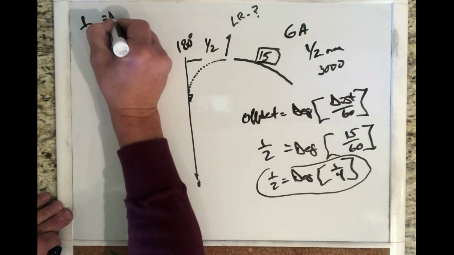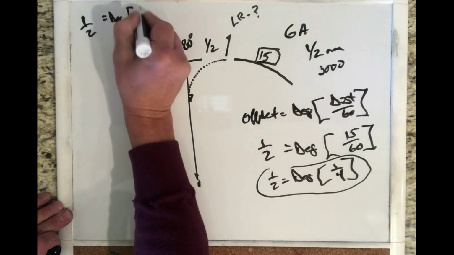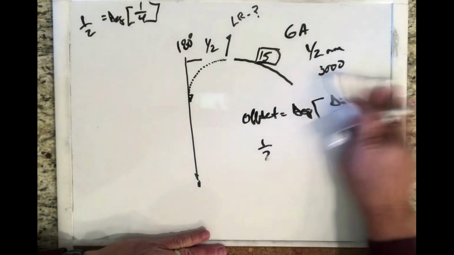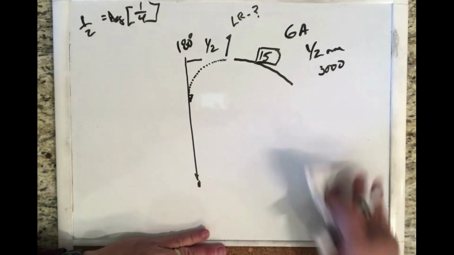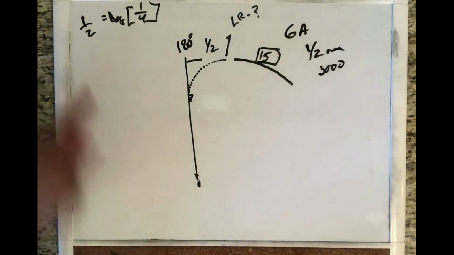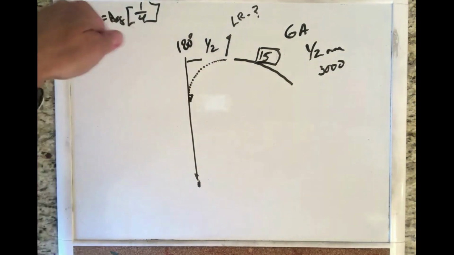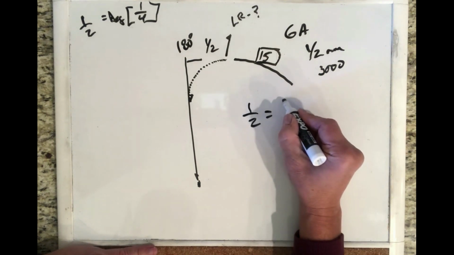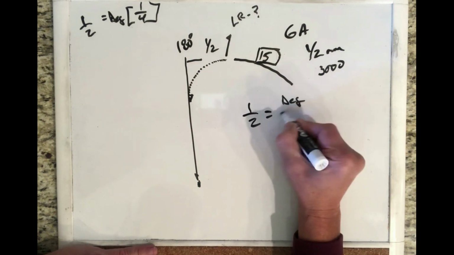1/2 equals degree times 1/4. Okay, you guys with me? So we're going to do a little bit of basic algebra over here. So here we go. 1/2 equals degree over 4.